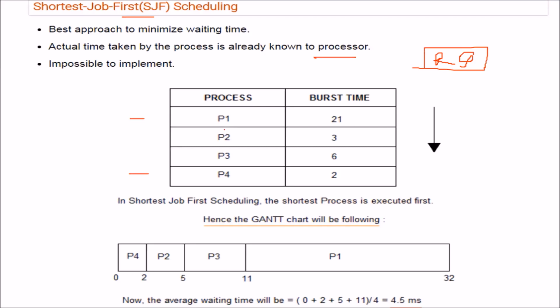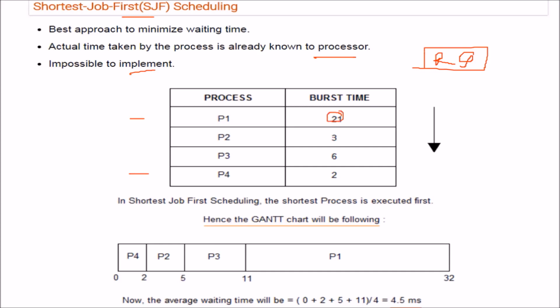Is it possible? How is the processor going to know beforehand what time they are going to need? So it is quite impossible to implement, but we'll still see the average waiting time.